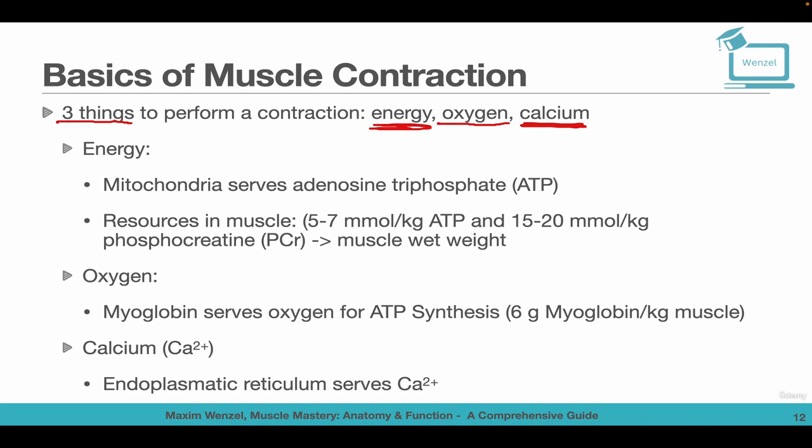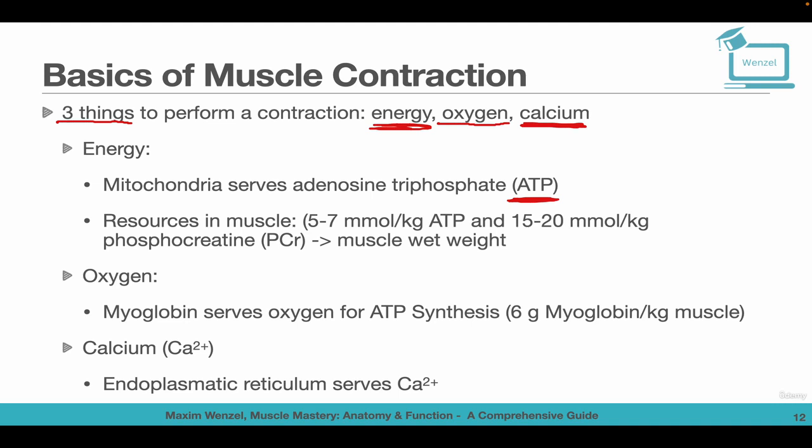So at first, the energy. You know, every teacher will tell you mitochondria are the powerhouse of the cell, and that's true because mitochondria serve adenosine triphosphate. You know this from school.